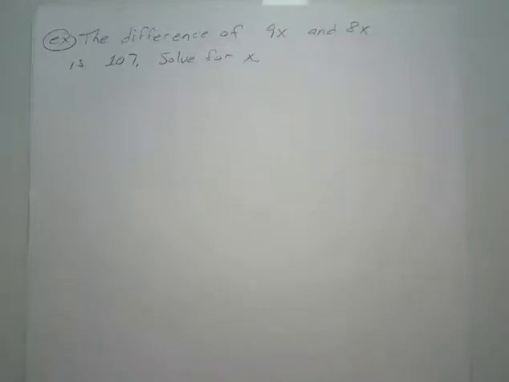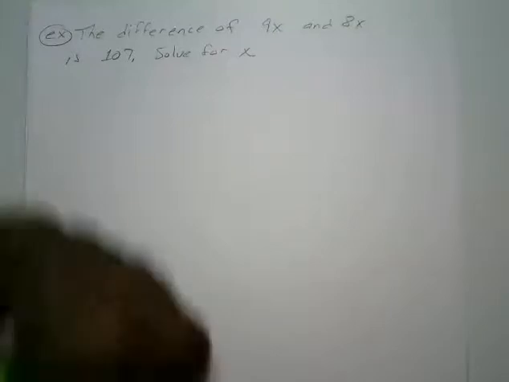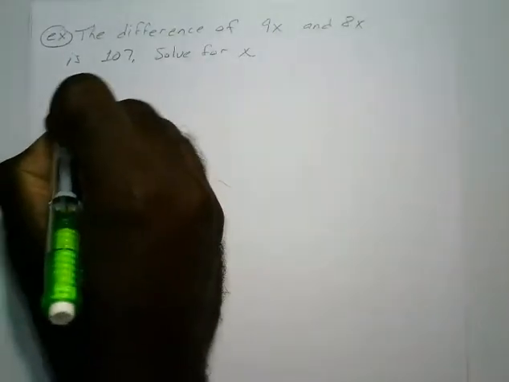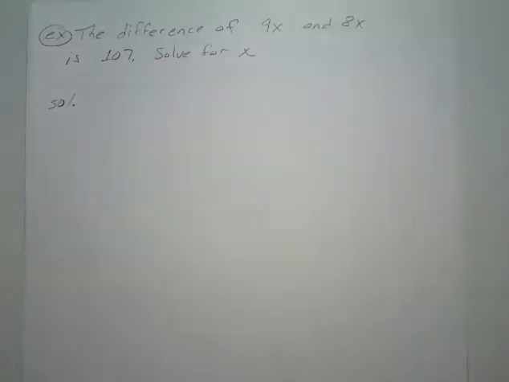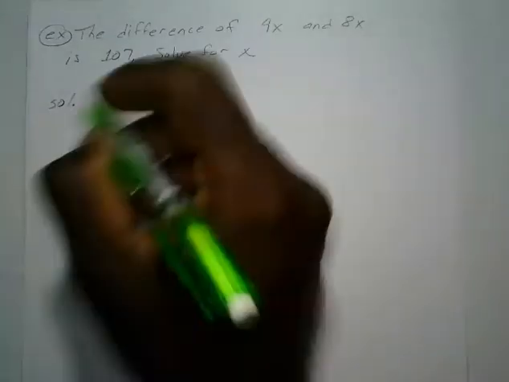For our first example, let's say you wanted to find the difference of 9x and 8x is 107, and you want to solve for x. We know that difference of means subtraction.